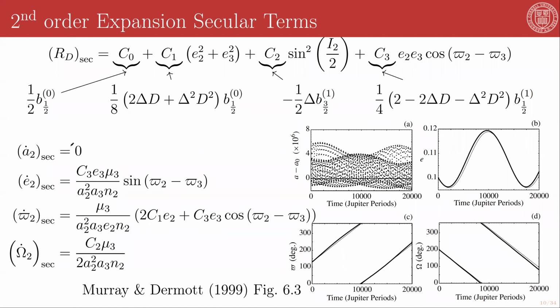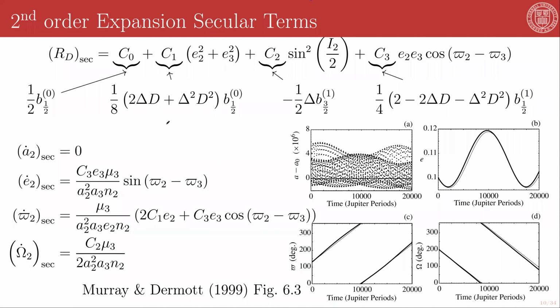This is motivated by the fact that these expressions predict that the semi-major axis of body 2 is not going to be changing, and our incoming assumptions tell us that the semi-major axis of body 3 is similarly not going to be changing because body 2 does not perturb body 3 to any significant amount in the system that we are studying here. The numerical evaluation of the actual variations in semi-major axis backs up that claim and makes it okay to have evaluated the Laplace coefficient for a single fixed value of the delta argument.